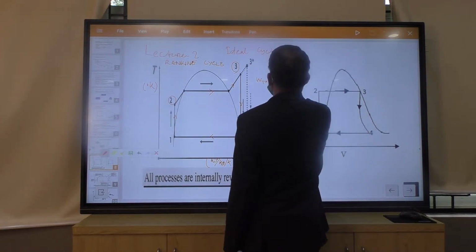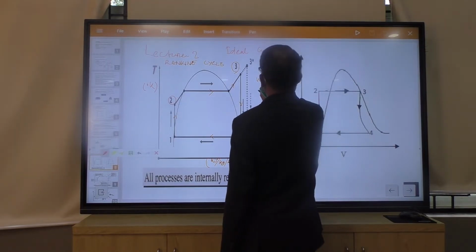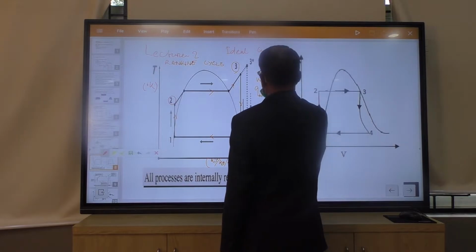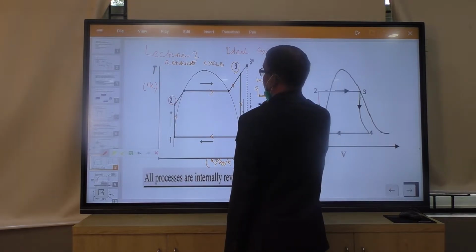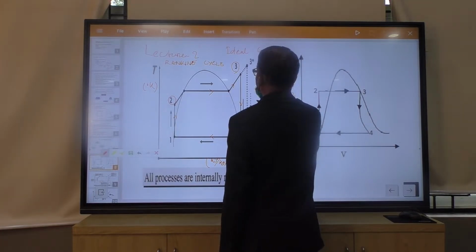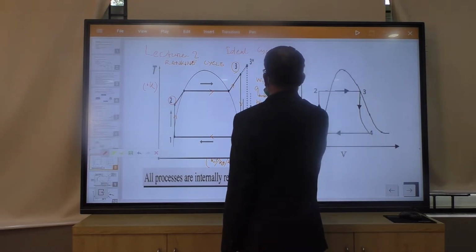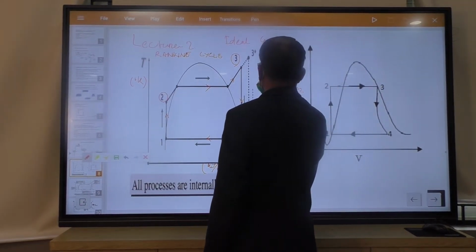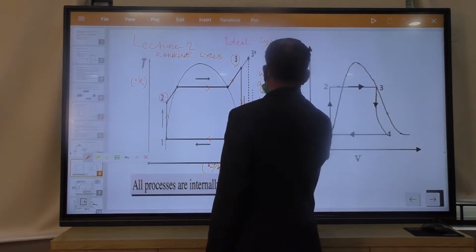I will explain how we are getting turbine work done as H3 minus H4, heat addition in boiler is equal to H3 minus H2, and mainly these two things, and pump work WP is equal to H2 minus H1, and heat rejected in condenser QK is equal to H4 minus H1.